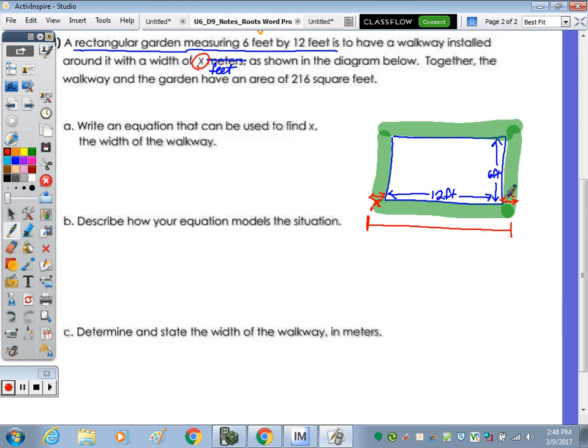It just should be 2X plus 12 for that dimension. And then the other dimension, say again we start here, and we want to walk all the way up. It's how many units for this piece? X. We walk 6, and then another X would be 2X plus 6.